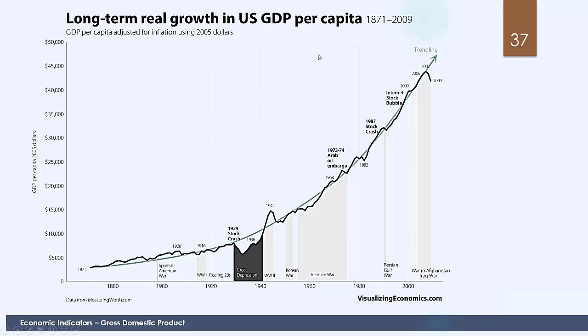Because this is real GDP, we have accounted for the effects of prices. So we've held them constant, and we can see then clearly, or we can compare these amounts over time. And you can clearly see that since 1871, real GDP per capita in the US experienced almost a 10-fold increase.